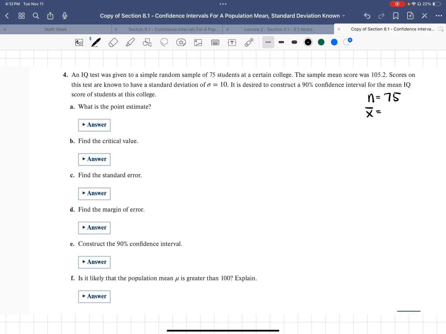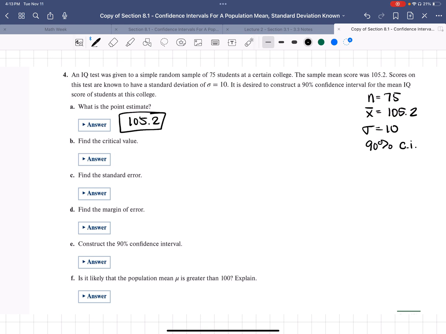I think we were calling that X bar because that's a sample mean. Scores on this test are known to have a standard deviation of 10. Sigma equals 10. It is desired to construct a 90% confidence interval for the mean IQ score of this college. Okay, and we've got a 90% confidence interval. All right, what is the point estimate? Guys, the point estimate's just the mean. That will be 105.2.